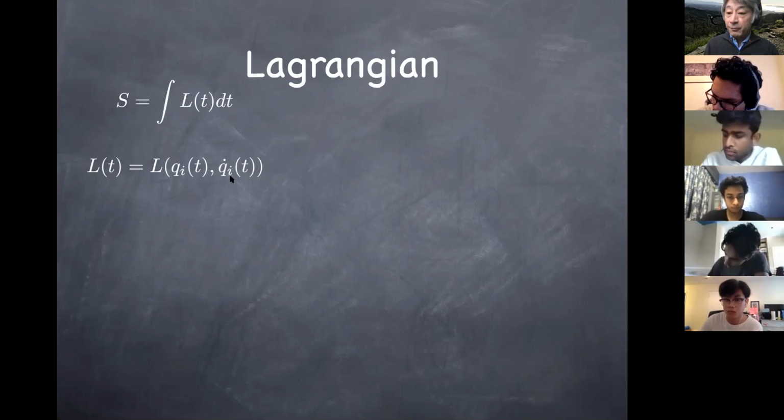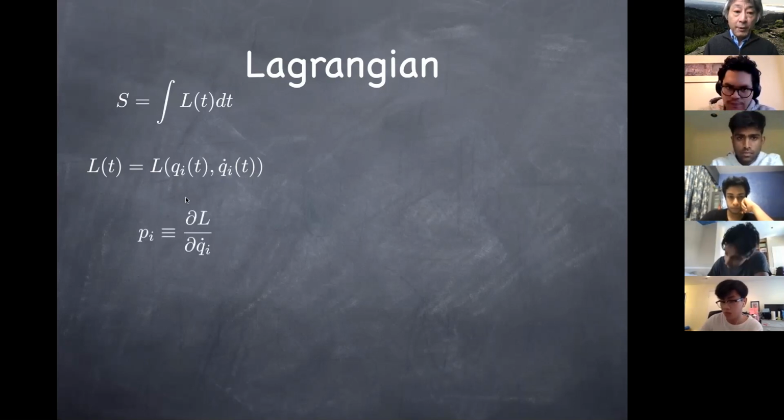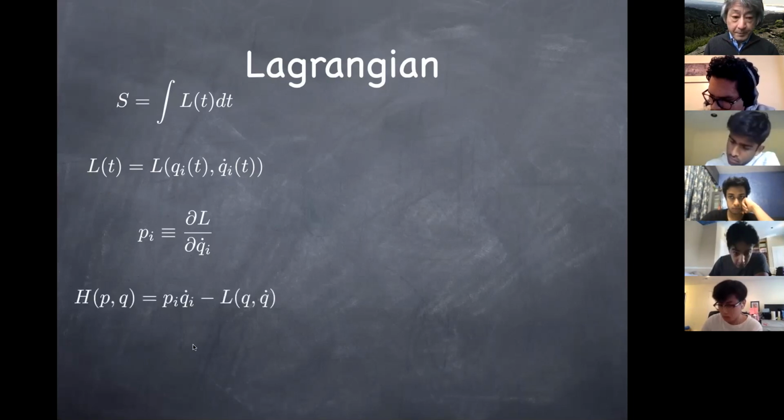It stops at the first order time derivative, so it's a function of q and q dot. Therefore, if you differentiate the Lagrangian with respect to q dot, the time derivative of the coordinate, that defines the canonical conjugate momentum. Then you define the Hamiltonian, which is p q dot minus L.